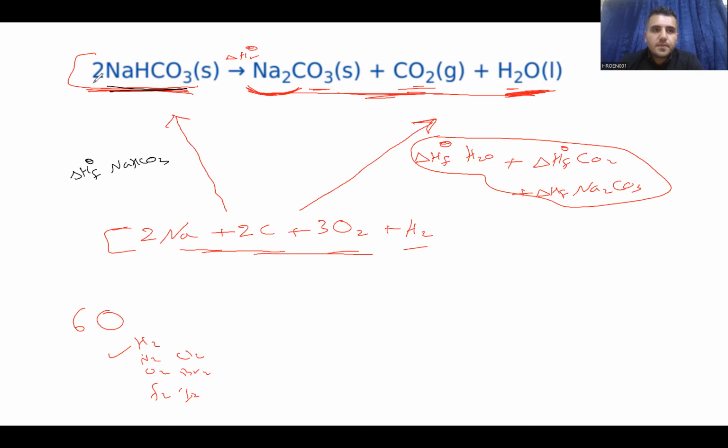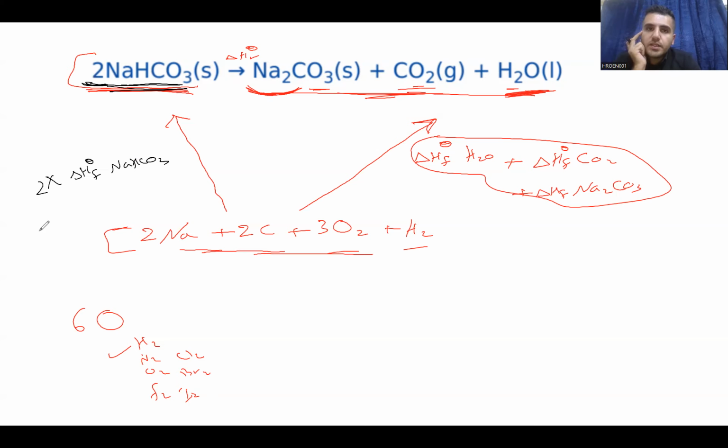As you see, this compound has 2 moles, multiplied by 2. So delta HF as well will be multiplied by 2. For example, if we had 3 here, we would multiply the H2O by 3. That's it. And step 4 is over.